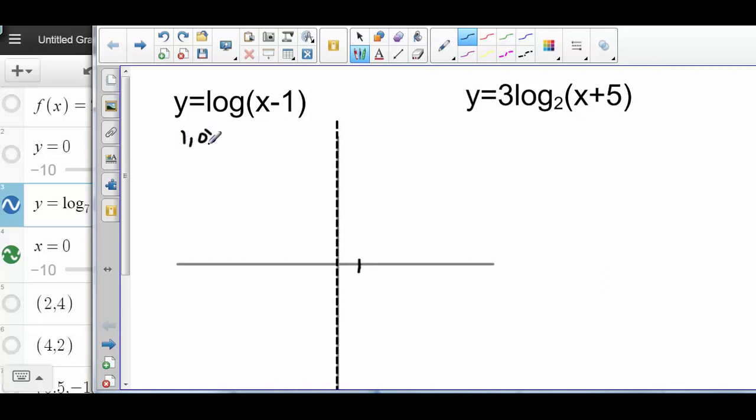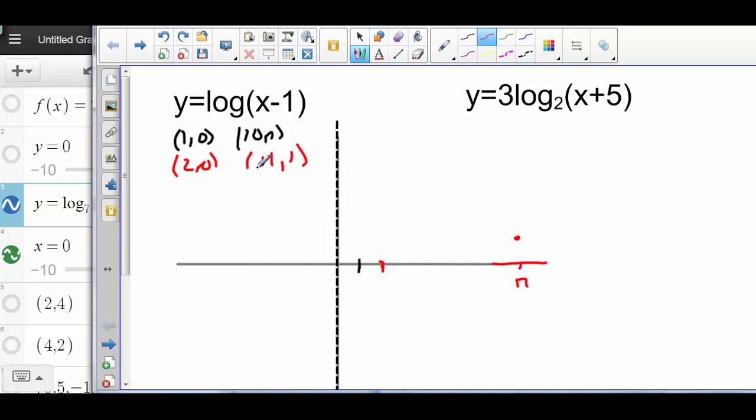So the 2 points in our normal function, sorry, messed that up, are 1, 0, and 10, 1. They need to shift 1 to the right, which means they will now be 2, 0, and 11, 1. Instead of the 10, 1, I'm out here at 11, 1.